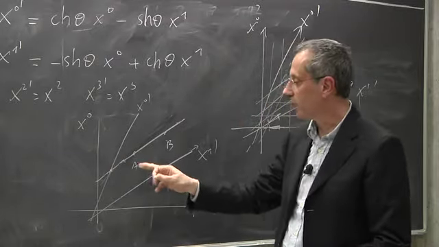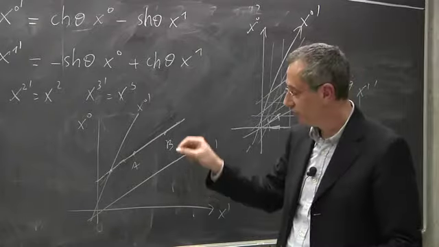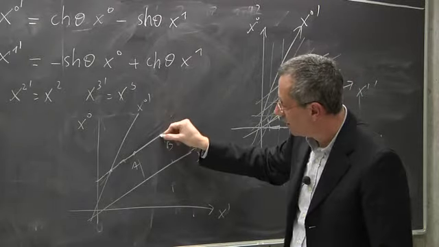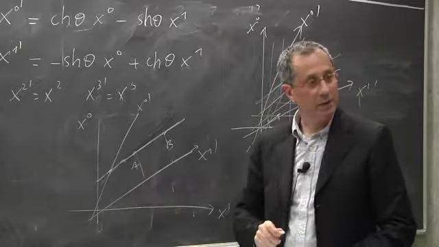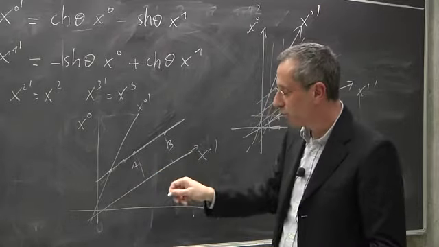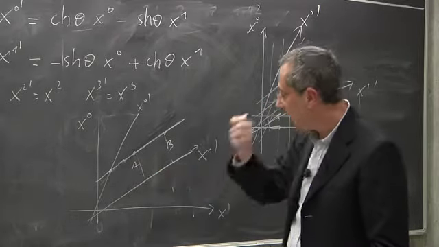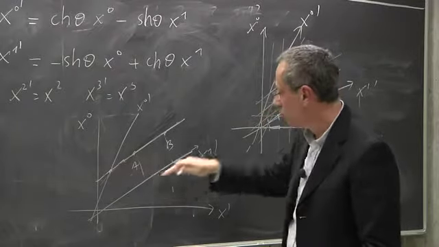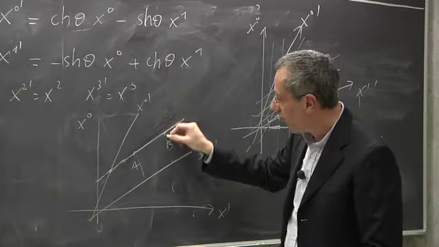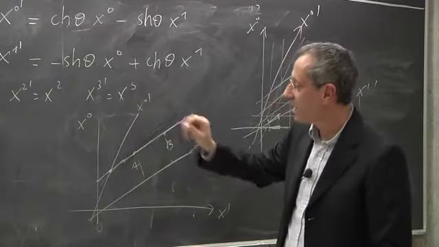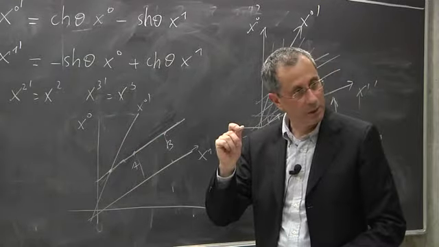For this observer, A and B are simultaneous. These two events happen exactly at the same instant, because how do you draw a simultaneity line? You draw it parallel to the x direction, right? So A and B are exactly at the same time x0 prime.